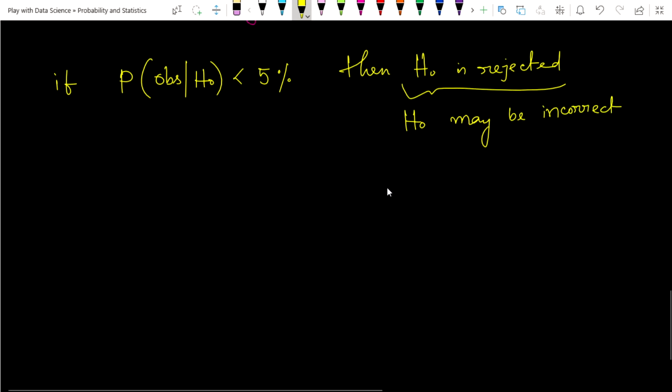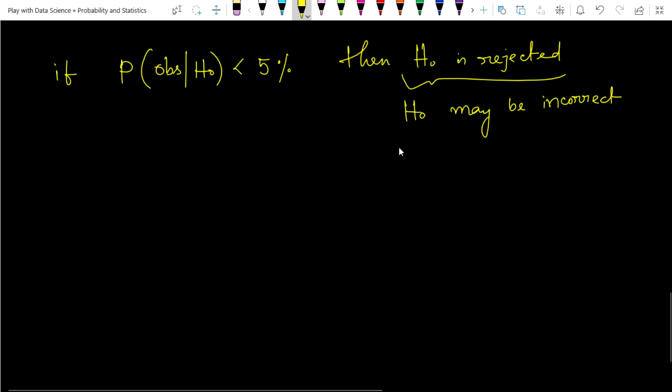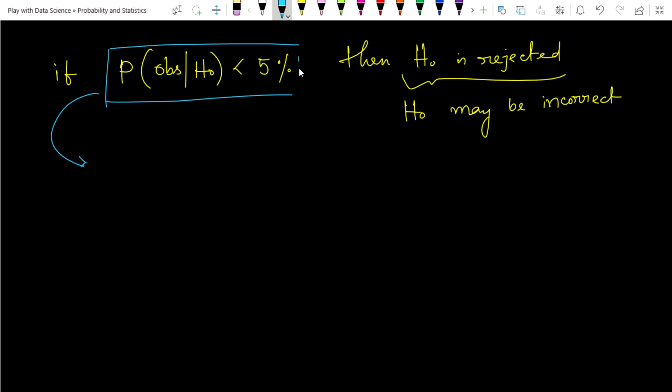That's the assumption we made here, and it is not true. If we get this kind of p-value, we conclude that the assumption we made is not true.